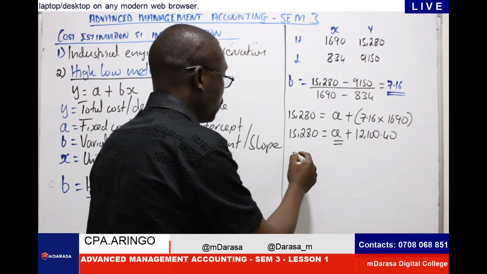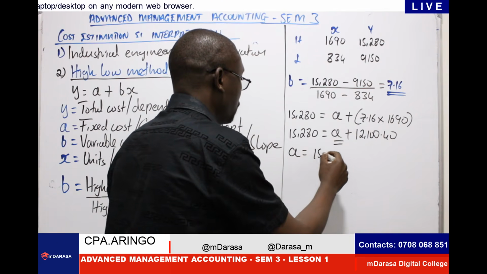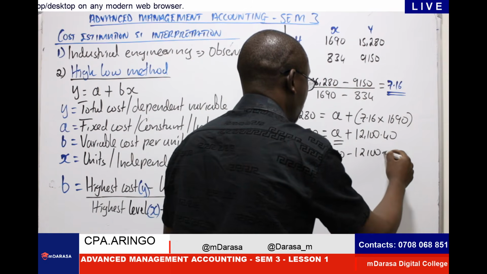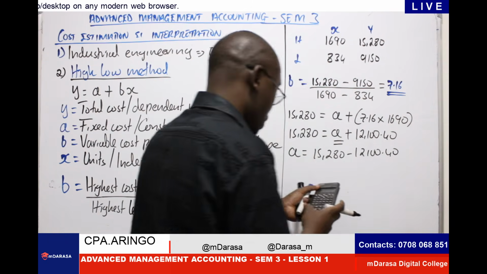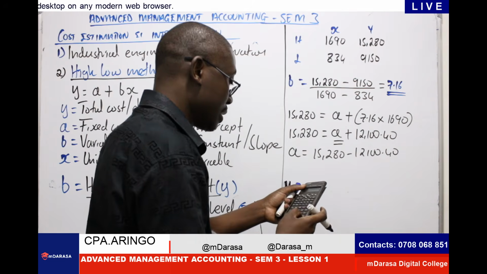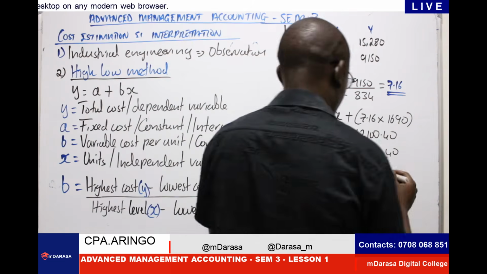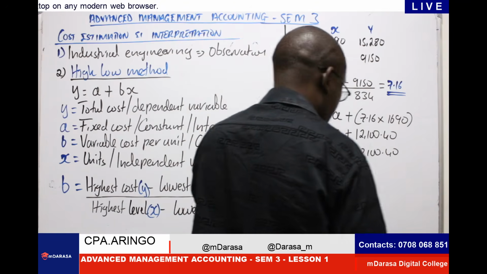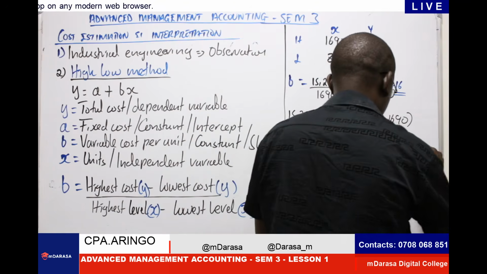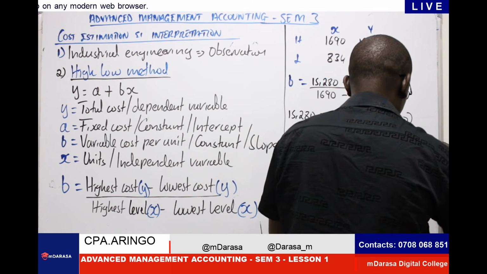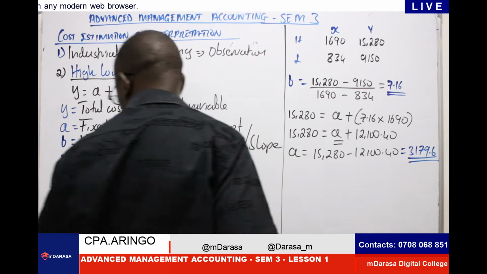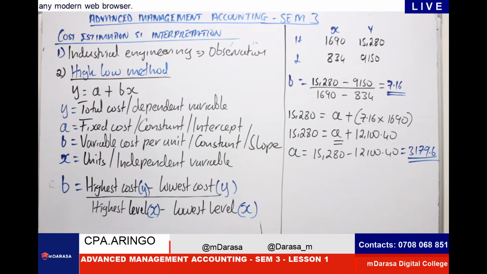We agree therefore that my A will be 1580 less 12100.40. So 1580 minus the answer. Kindly confirm if you're getting the same value as Mwalimu. Mwalimu is getting a value of 3179.6.